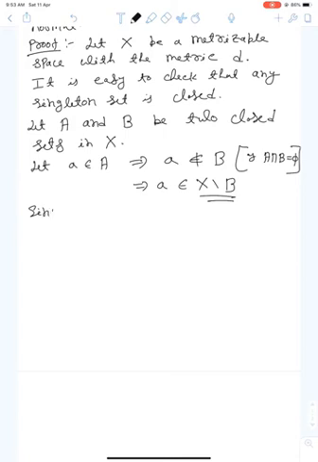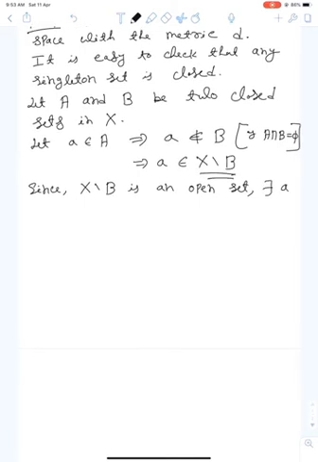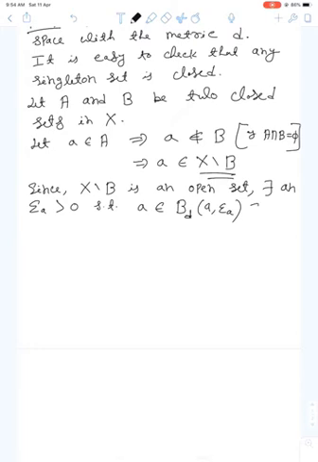Now since X minus B is an open set, there exists an epsilon, say epsilon_a bigger than 0, such that a belongs to this ball, B_d(a, epsilon_a), that is the ball centered at a with radius epsilon_a, where d means the metric is d, that is a subset of X minus B, right?